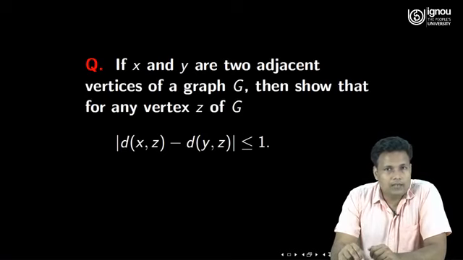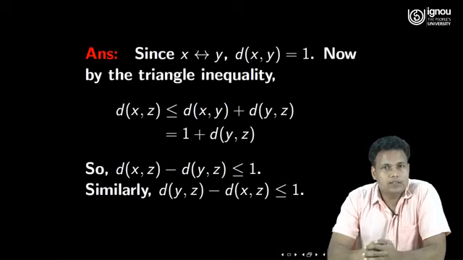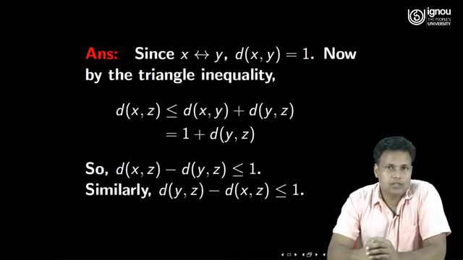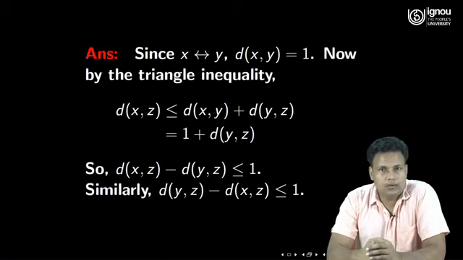We are given that x and y are adjacent, right. So this means the distance between x and y is 1. Now by the triangle inequality, the distance between x and z is less than or equal to the distance between x and y plus the distance between y and z, which is equal to 1 plus dyz, right.